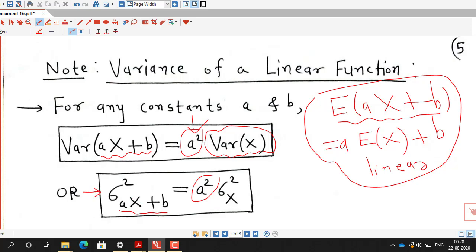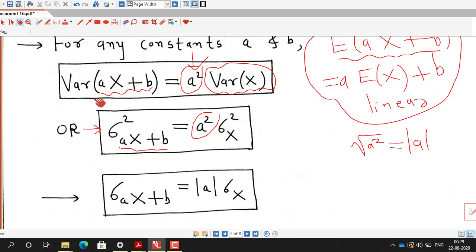If we take standard deviation, then we have to take square root of both sides. So standard deviation corresponding to ax plus b is nothing but square root of a square into standard deviation of capital X, and we will put under root of a square equal to modulus of a.